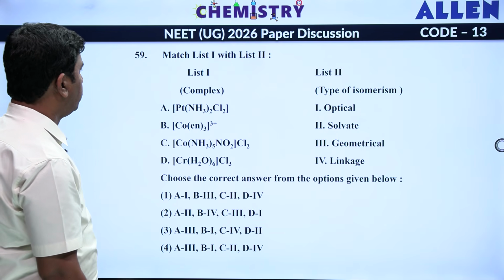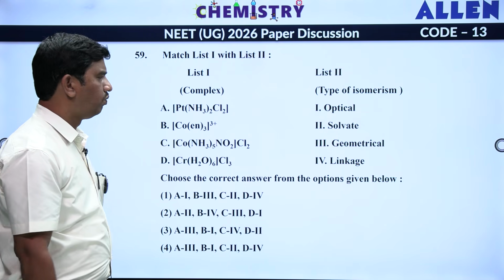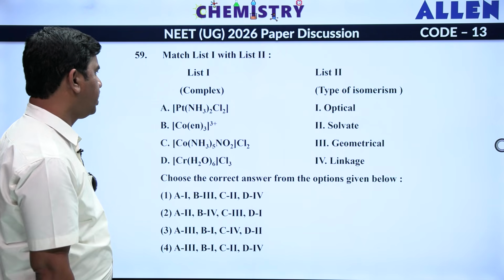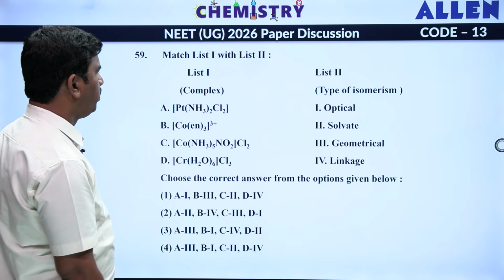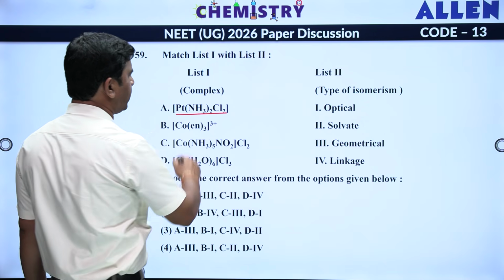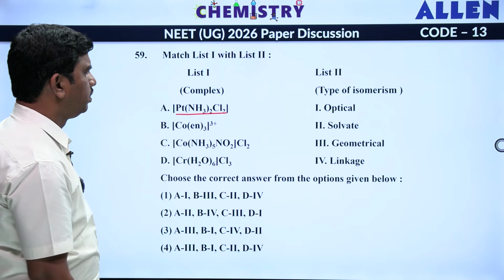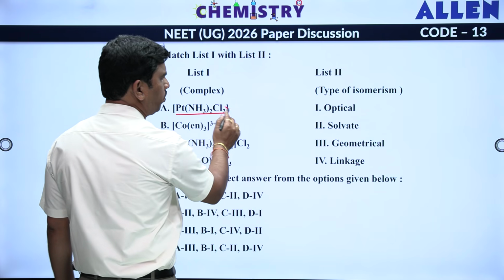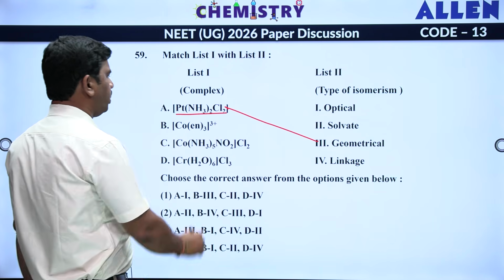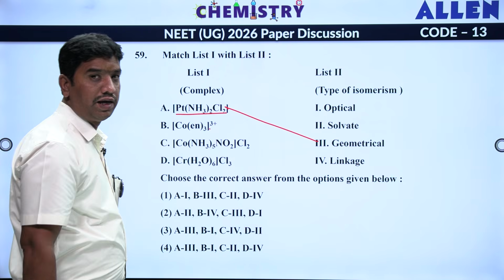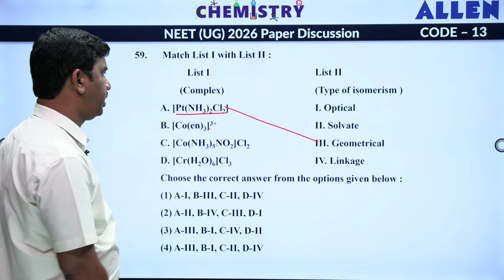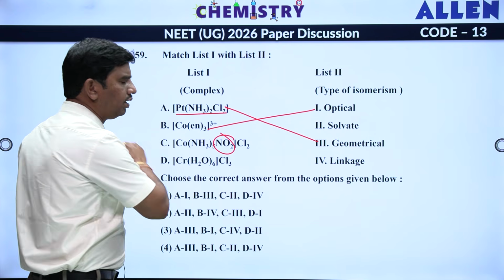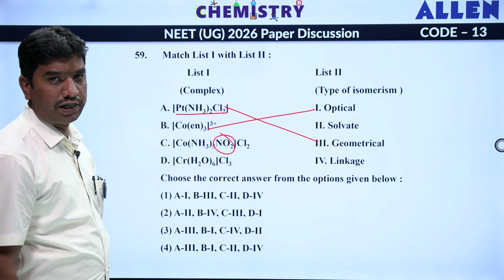Next question. Match the columns. Once again, a question from complex compounds only. So here, Ma2B2 platinum, this one usually square planar complexes, can exhibit cis and trans. M(AA)3, metal with AA thrice, octahedral complexes, can exhibit optical isomerism. And this is NO2 given. NO2 means this is an ambident ligand.